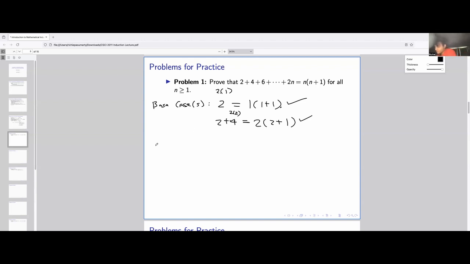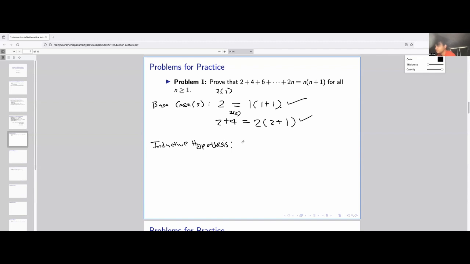Okay, so now let's go to our inductive hypothesis. And I'm actually writing this out. You don't have to write out this word itself. I usually don't. Okay, so let's assume that it works until, I like to call it k personally.